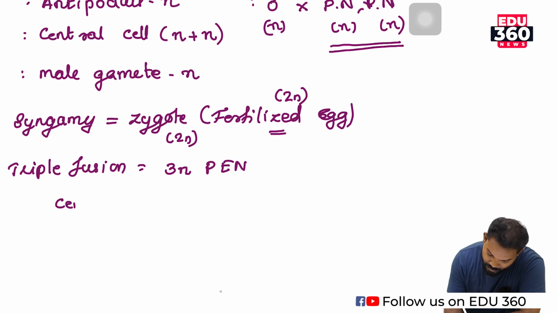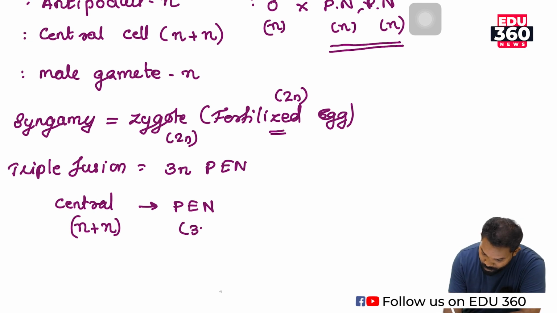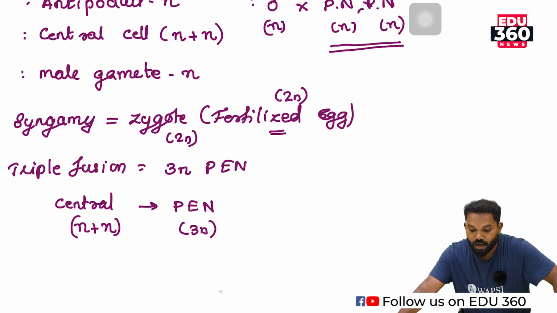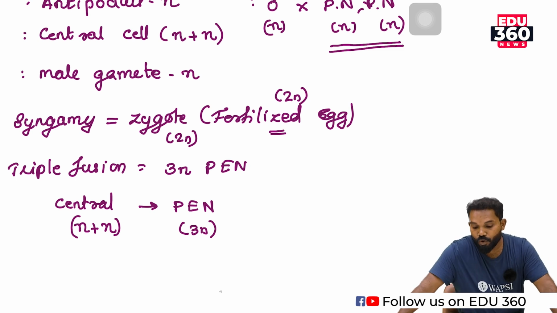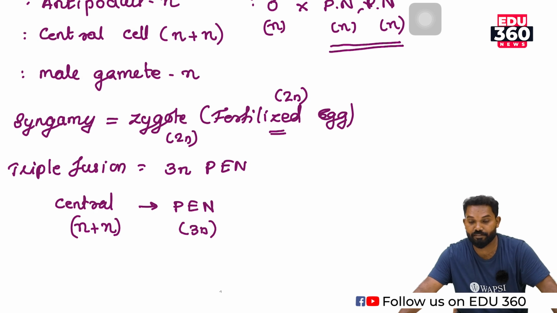The ploidy of the central cell is haploid, that is n plus n condition. The ploidy of the primary endosperm nucleus is triploid in nature. So after double fertilization, especially triple fusion, the ploidy of the central cell changes into triploid.